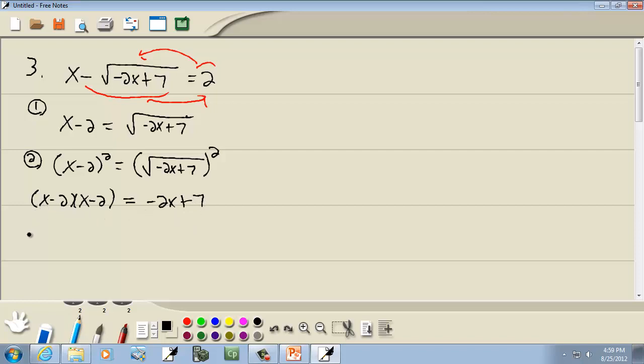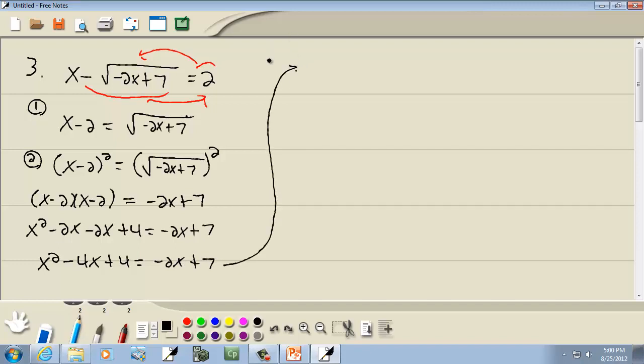On the left side, x times x is x squared. X times negative 2 is negative 2x. Negative 2 times x is negative 2x. And negative 2 times negative 2 gives you a positive 4. Combine like terms at any step. X squared, negative 2x and negative 2x is negative 4x, plus 4 equals negative 2x plus 7.